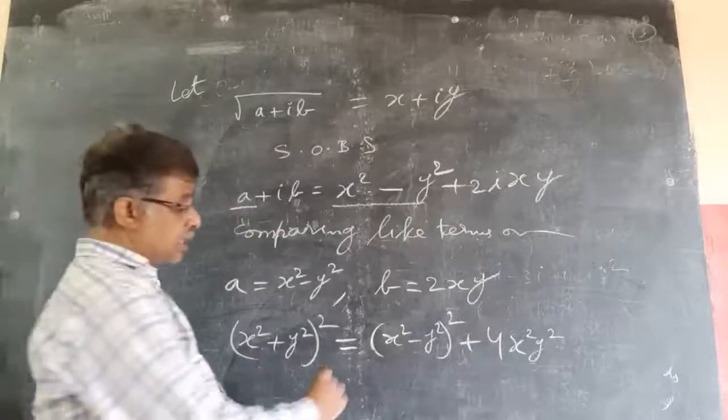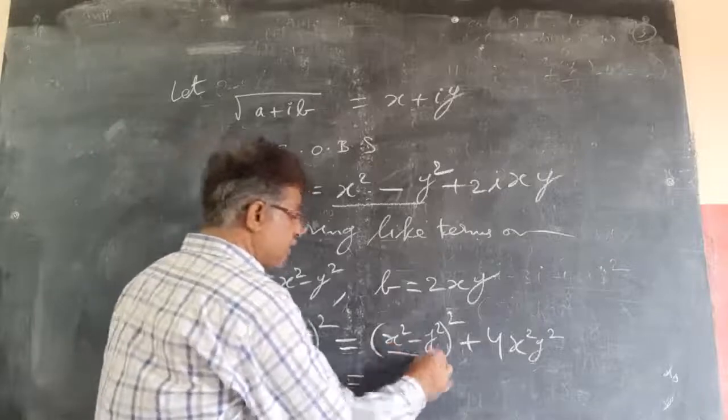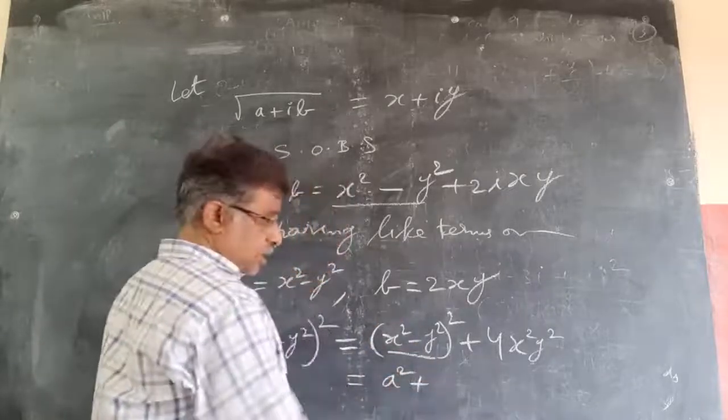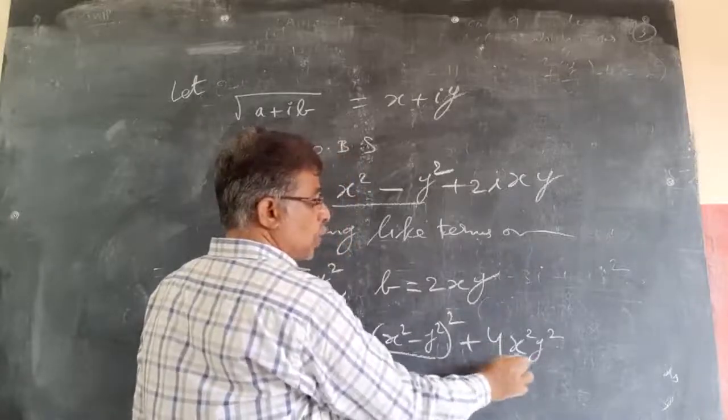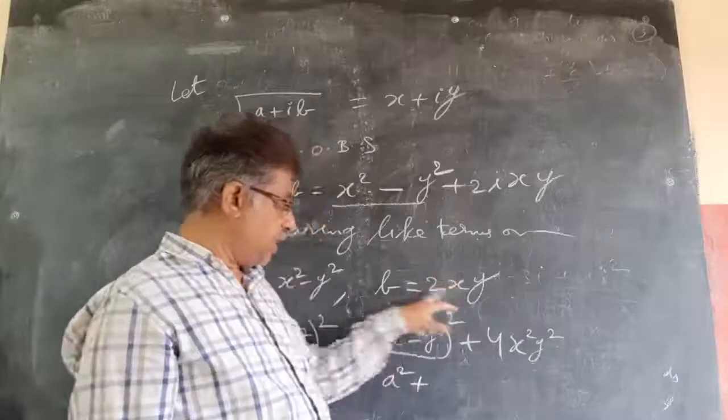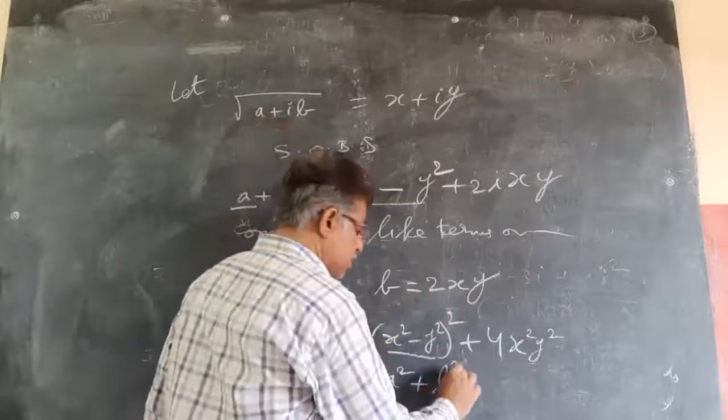Simple logic. Now, why I am taking this value: I know this is a, so this is a square plus 2xy whole square, which is b square.